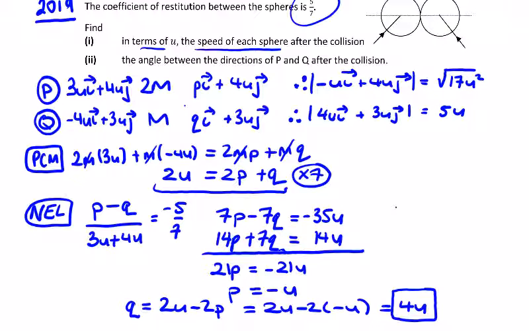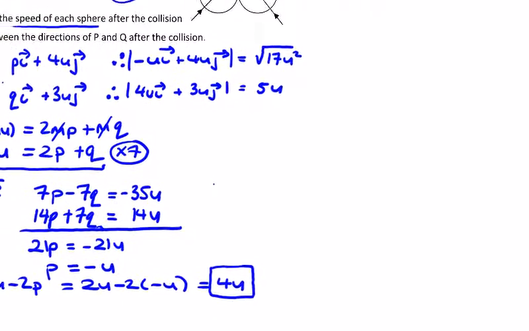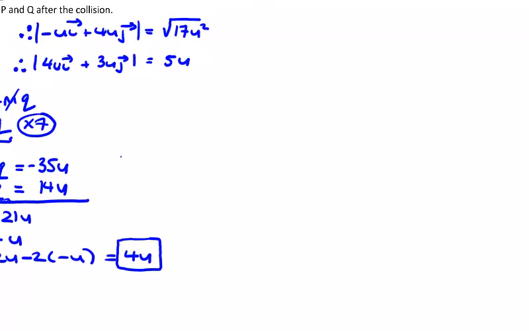Now the angle between the directions of P and Q after the collision will be based on these vectors. So let's say they collide at this point. If we look at P, it's going minus u plus 4u, so minus, plus. So this is the angle in here, A, say, and minus u and plus 4u, it's going to be a 1 and a 4.